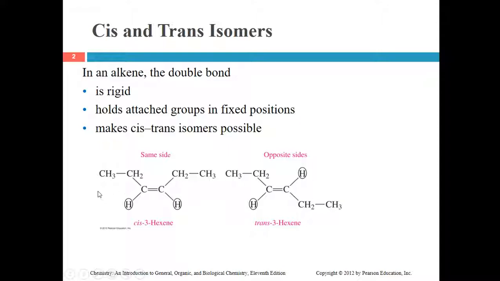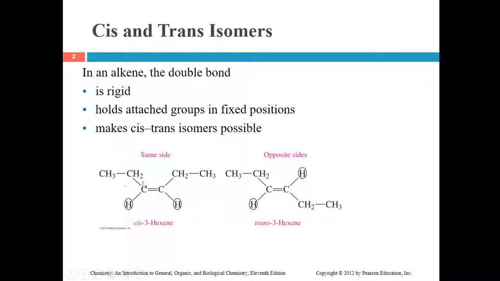Now if we look at their position in relation to the double bond, if I were to draw an imaginary dotted line right here through the double bond, and then we look at these other attachments in their relationship to the double bond, in this case this and this are on the same side of the double bond.